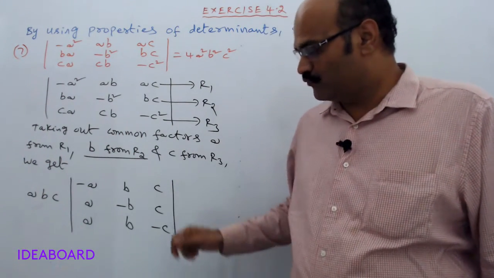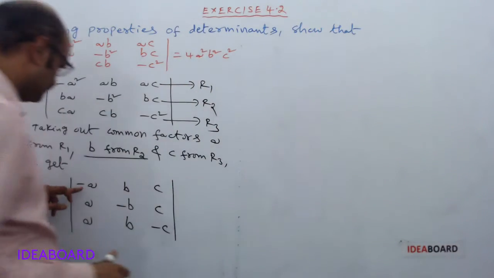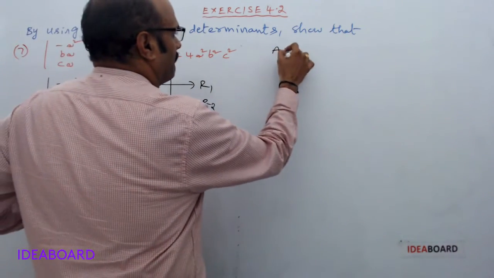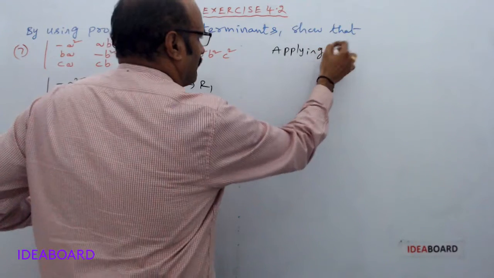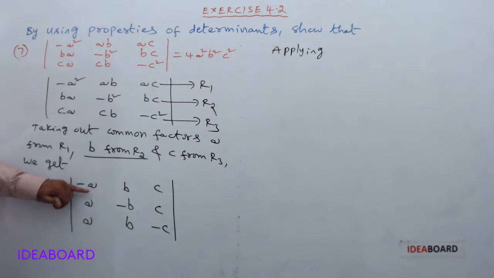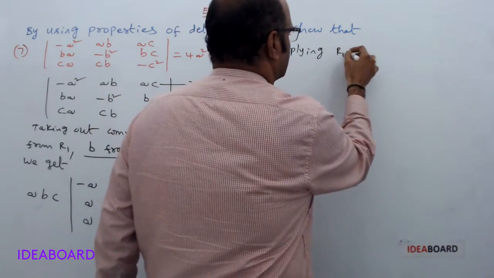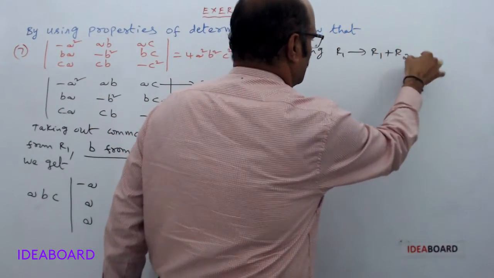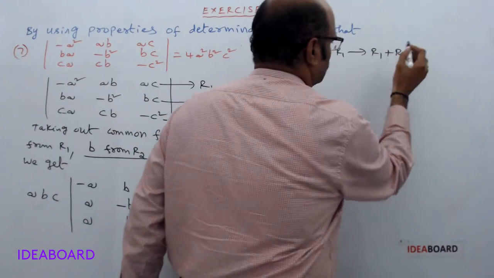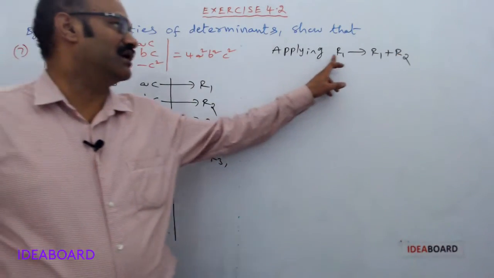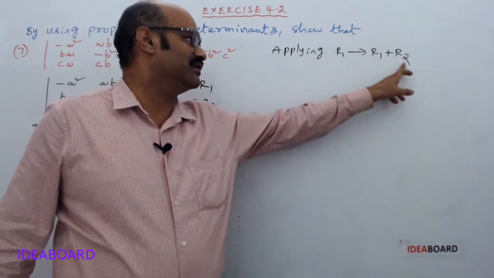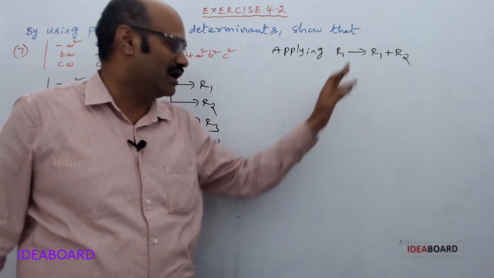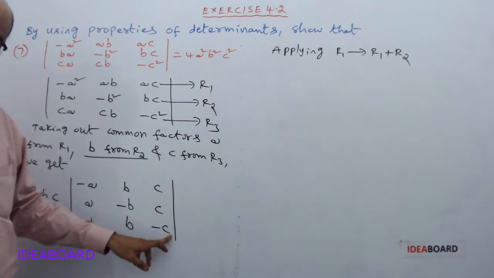So here we apply R1 changes to R1 plus R2, because minus a plus a becomes 0, b minus b becomes 0. Here only R1 is changing. R2 and R3 are not changing.